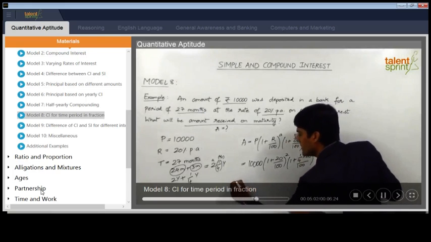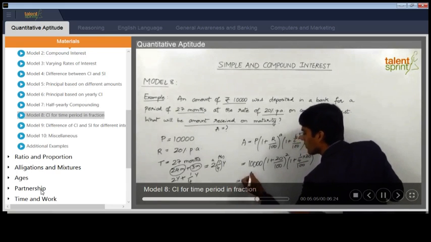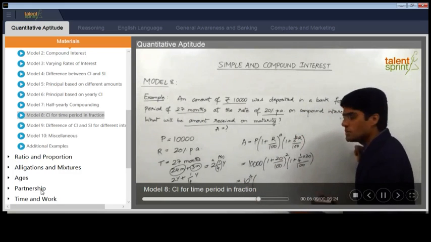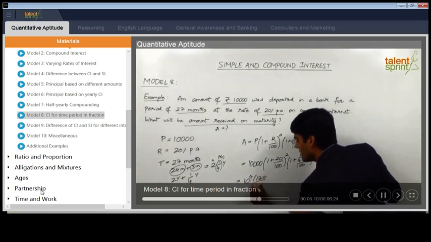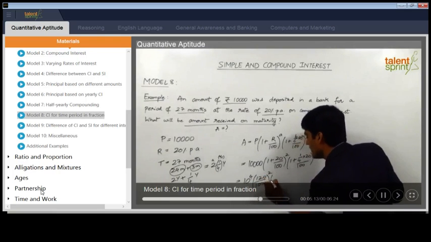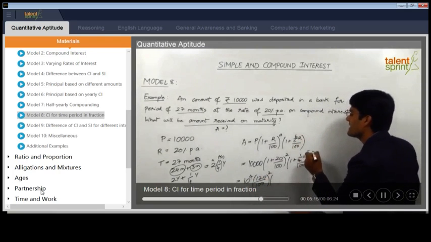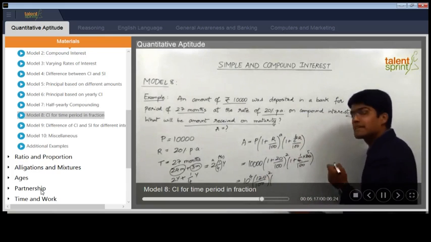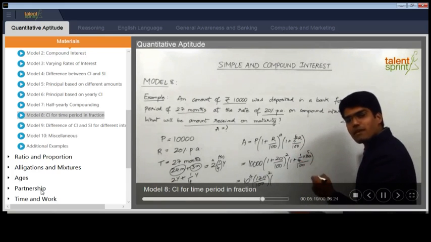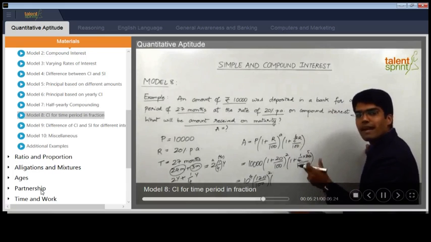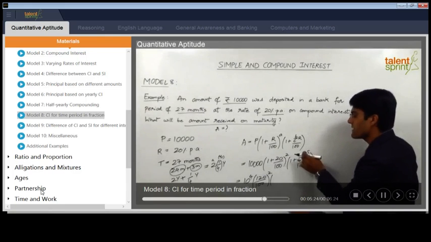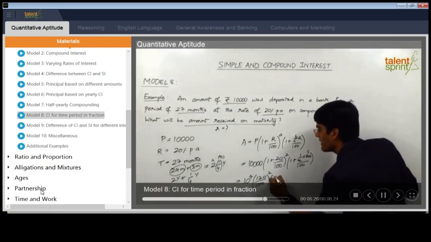So this comes out to be 10 to the power of 4, that is nothing but 10,000 into (1 plus 20/100, which is 120/100) whole squared into, this 4 gets cancelled 5 times, so this becomes 1 plus 5/100, and 1 plus 5/100 will be 105/100. As 100 is the LCM, we get 100 plus 5, that is 105 divided by 100.